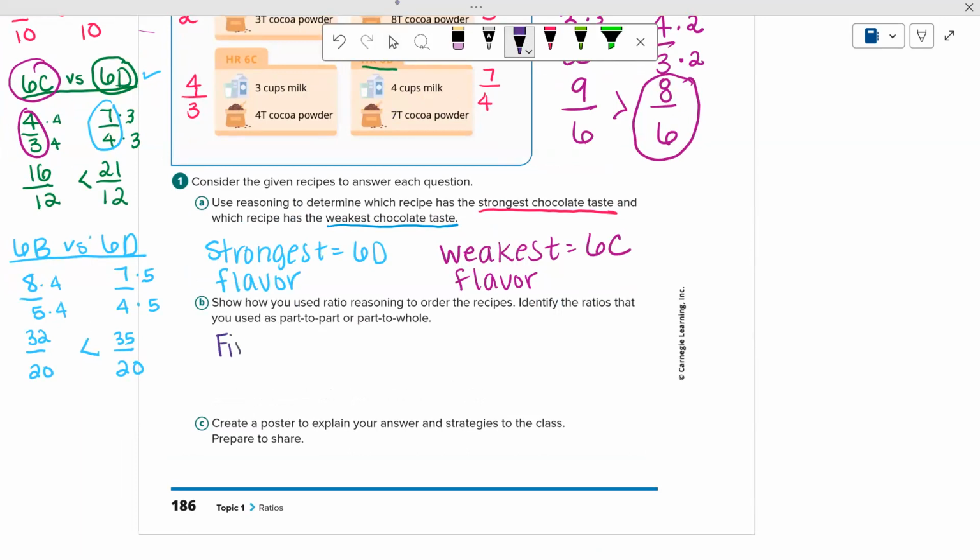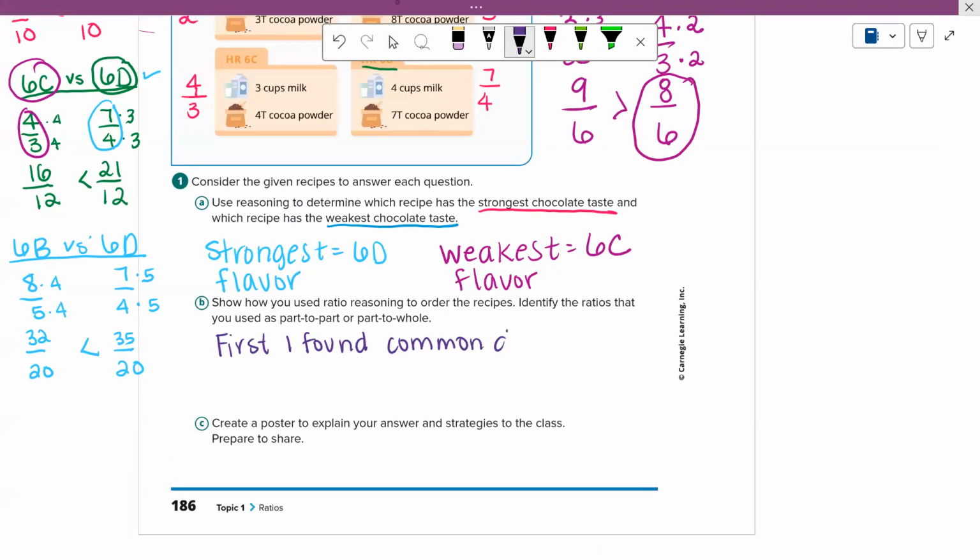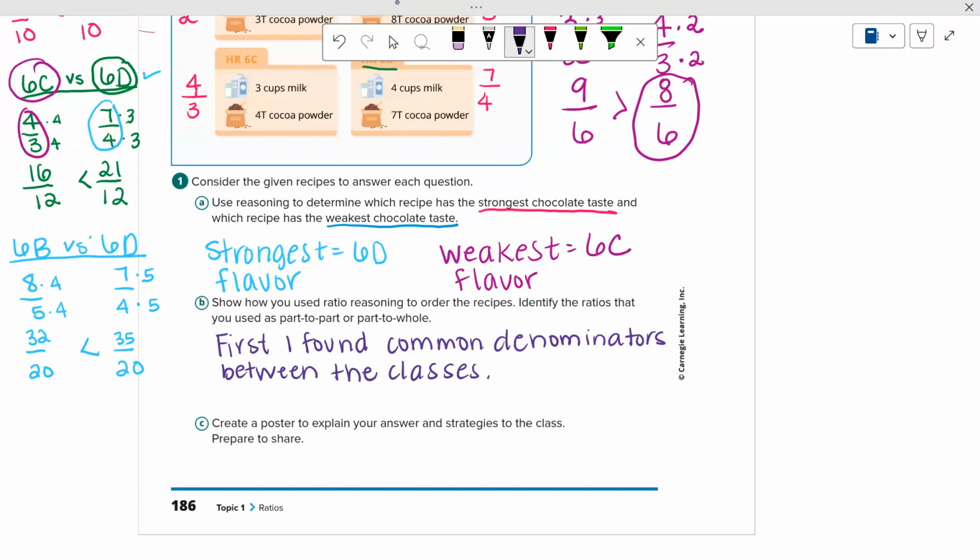So first, I found common denominators between the classes, then compared numerators.